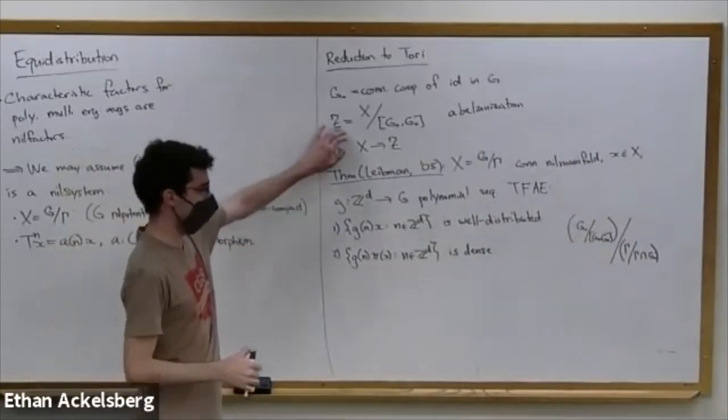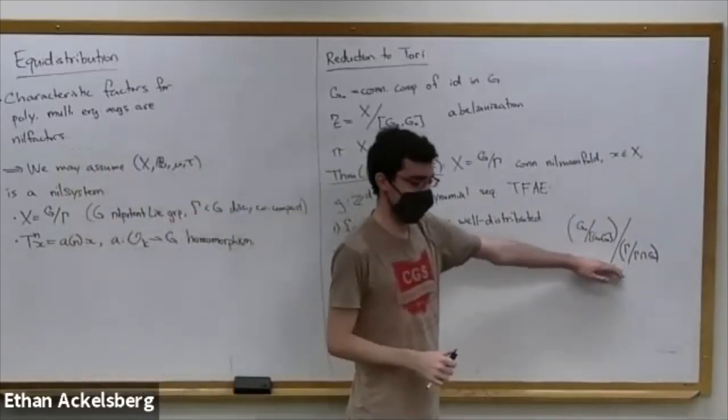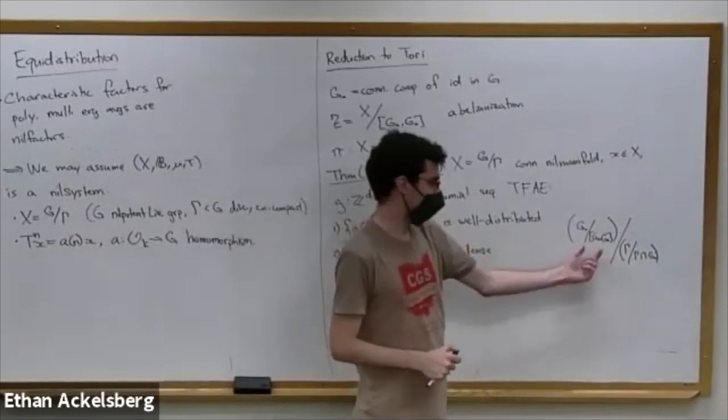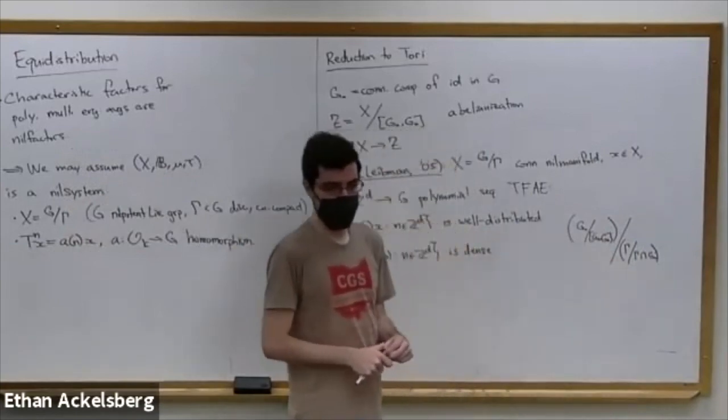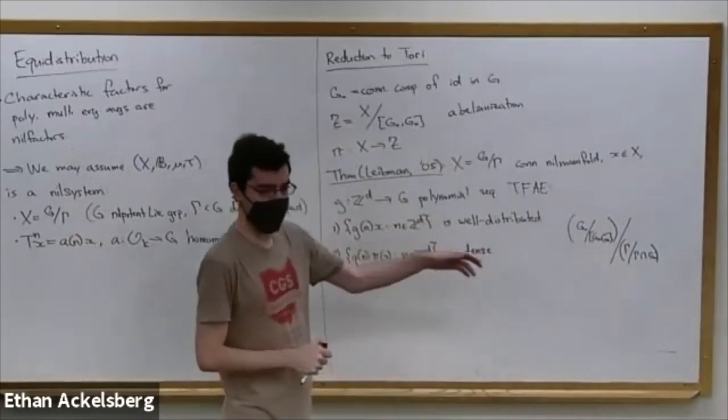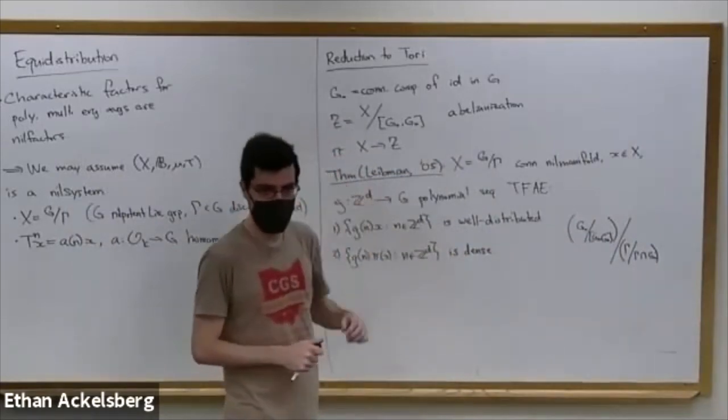There's an isomorphism between this and something at least similar to what I wrote here. And now you have abelian modulo some cocycle. So I think I wrote this slightly incorrectly, but if you look at Leibman's paper, it's definitely written correctly there.